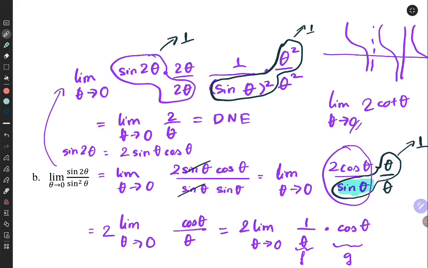Using the property, this is 1. You only have this divided by that, just multiplied by number 1. This 2 theta divided by theta squared, the theta cancels with this theta, giving 2 over theta. This going to 0 from both sides is going to be DNE.